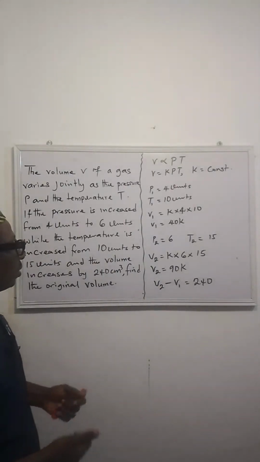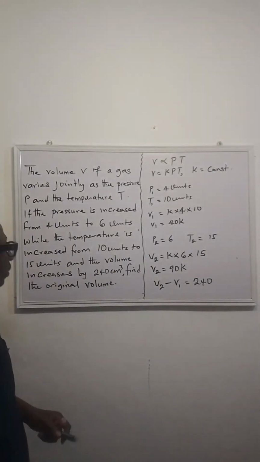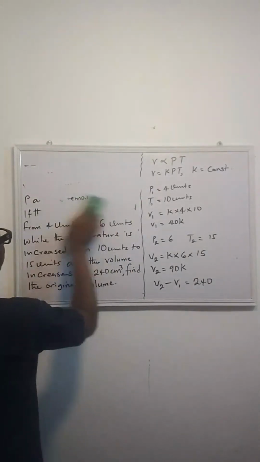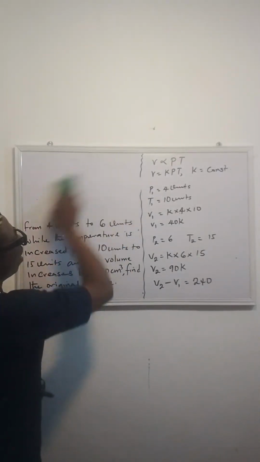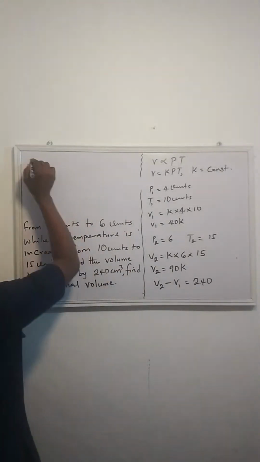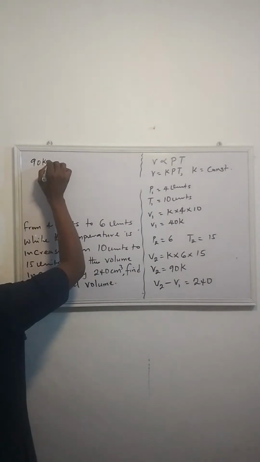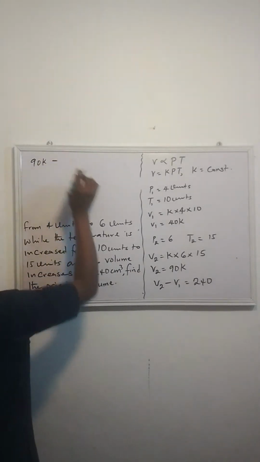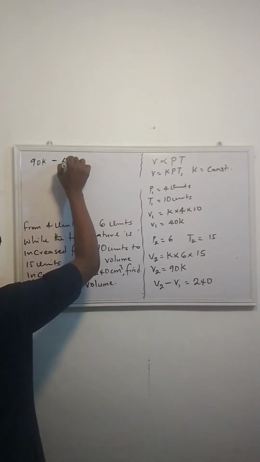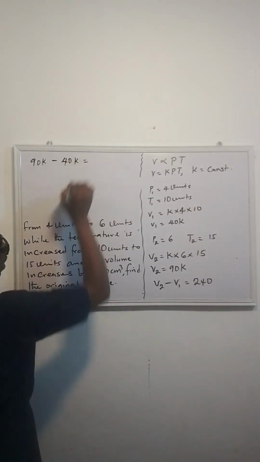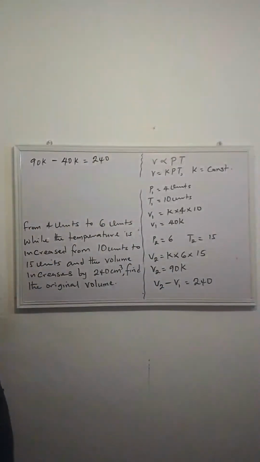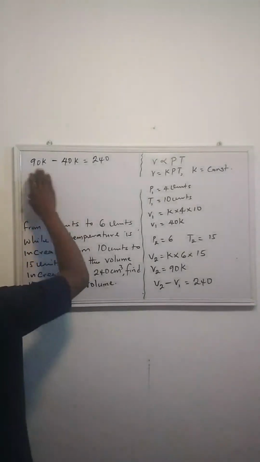So what do we do next? We already have V2 to be 90K, minus V1, which is 40K, and that gives us 240.